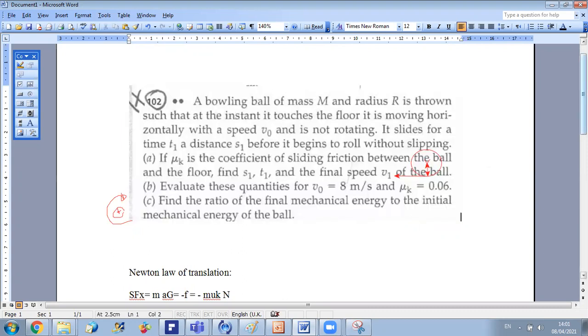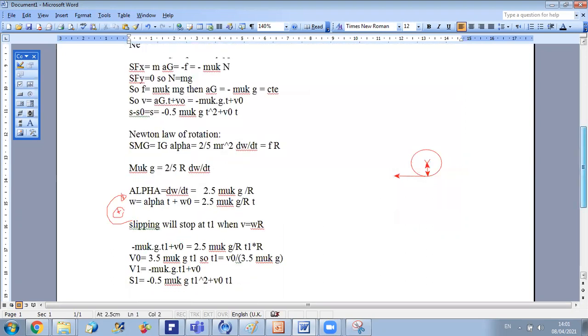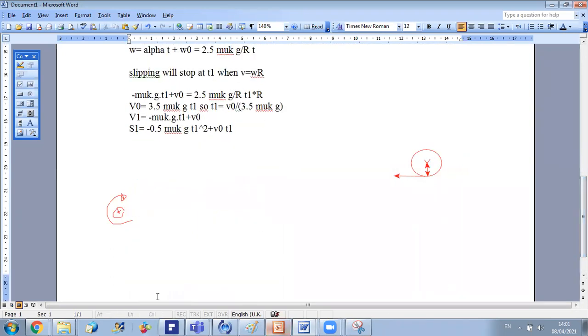So let us write it together. First, mechanical energy is equal to potential energy plus kinetic energy.